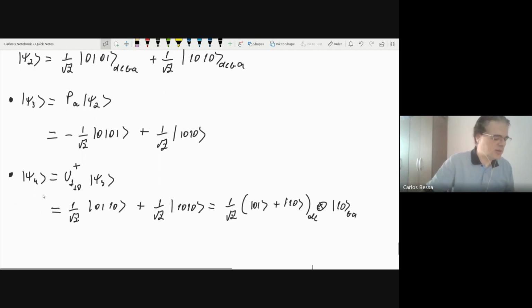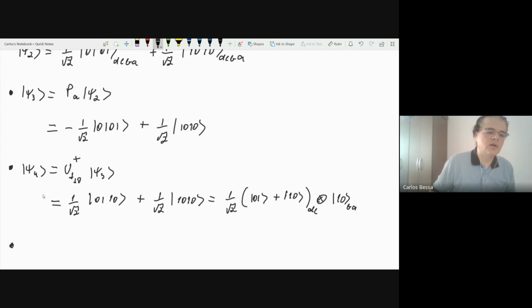And the last step, psi 5: we apply B dagger DC to psi 4. And this will have plus again. So this will give the logical 0, 1, 1, 0. But it should not be; this is the logical 0, this is the logical 1.